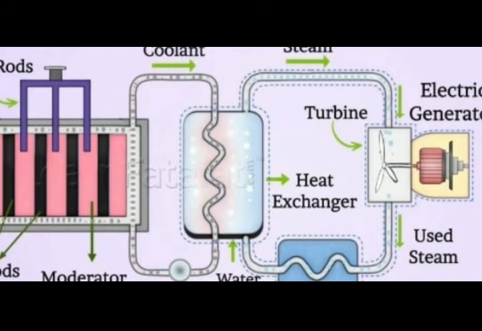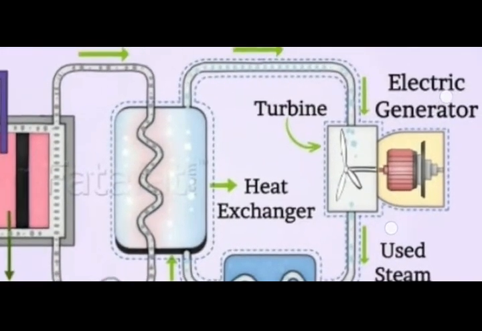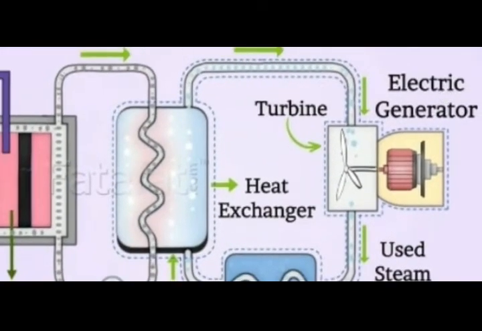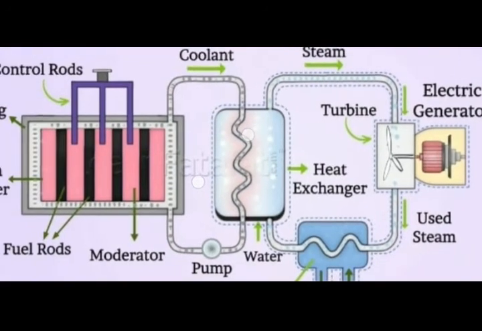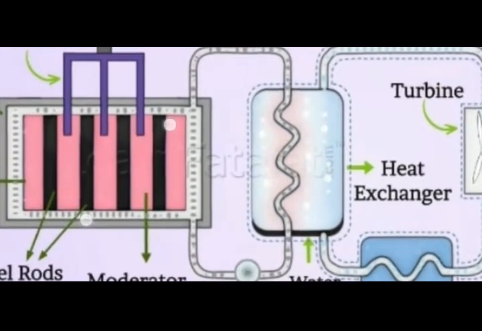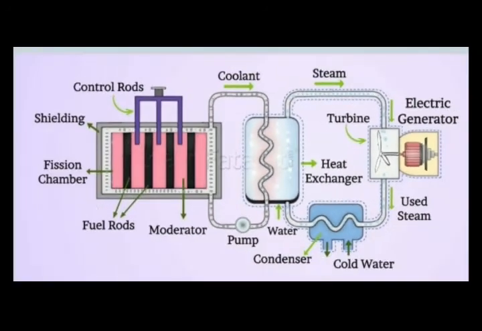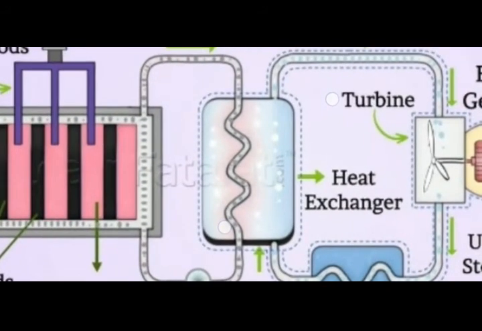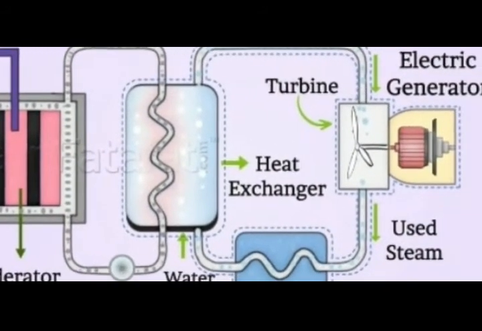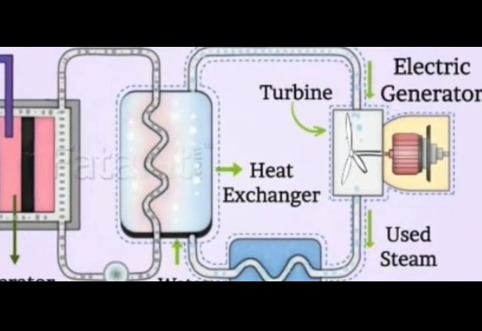This turbine is connected to an electrical generator that converts mechanical energy into electrical energy. So throughout the total process, heat energy is generated inside the nuclear reactor, converted to mechanical pressure energy here, then the pressure energy is converted into mechanical rotational energy, and then into electrical energy.